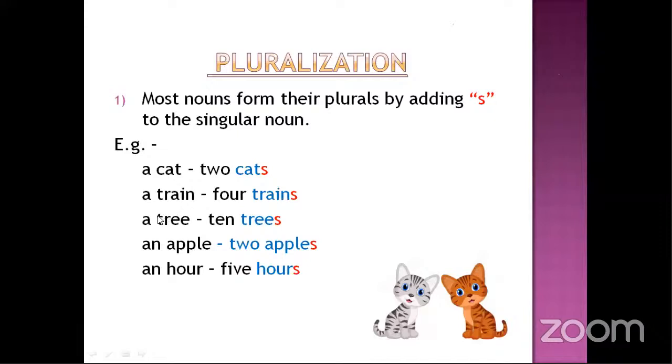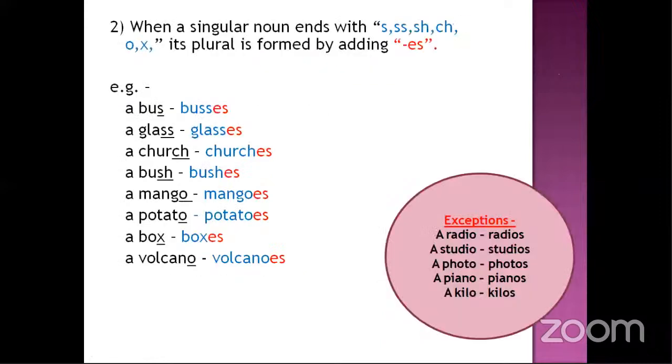Okay, and next one: a tree, 10 trees; an apple, 2 apples; an hour, 5 hours, likewise. So no spelling changes, nothing, just add the letter S. That is the first rule, and we know it already.